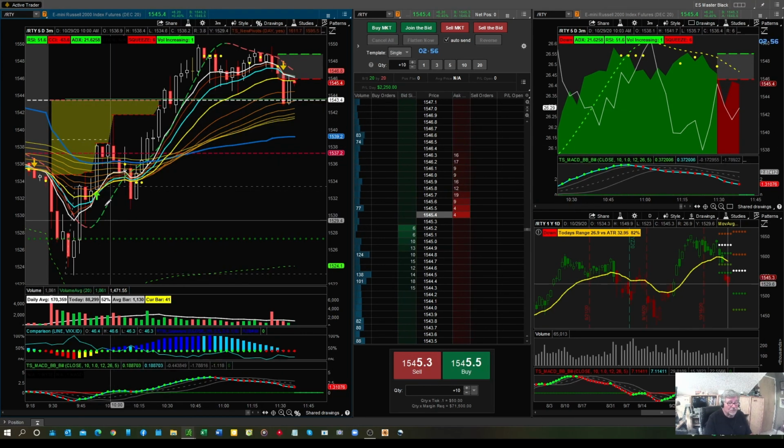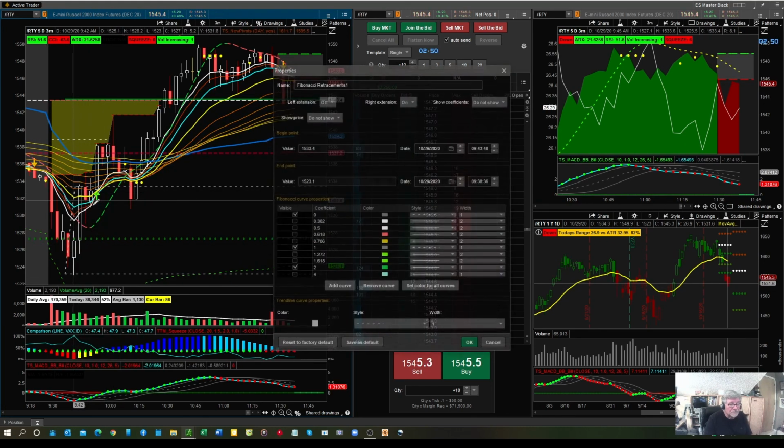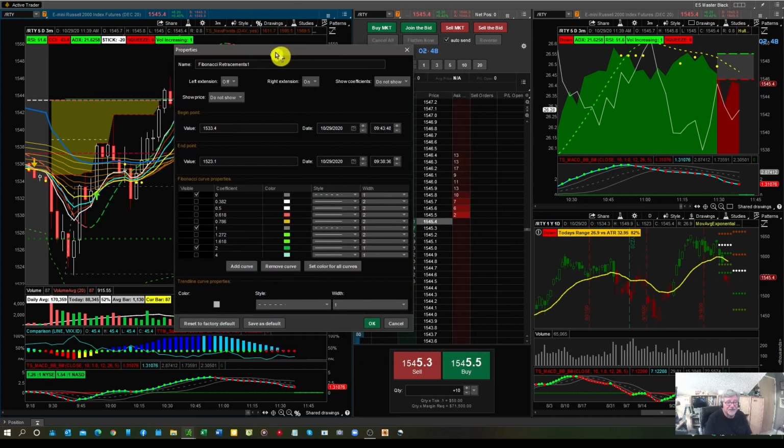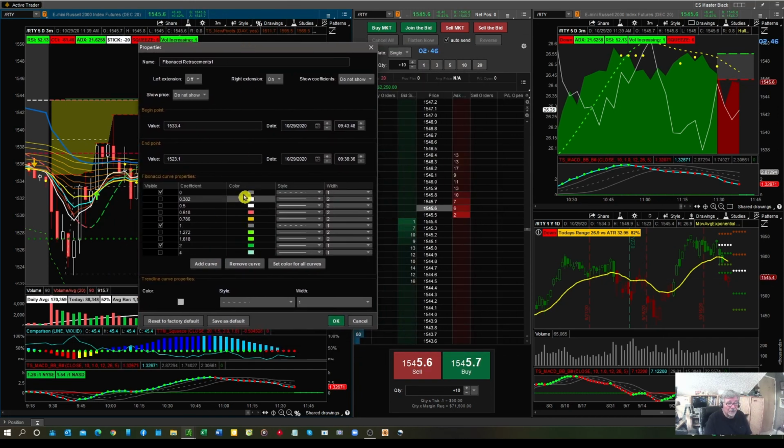Just to show you what this tool looks like, this is it here. You may want to take a snapshot of this and set up your Fibonacci tool as it looks right here. You'll find that I use this quite often in my trading, and it's another tool that I use to fine-tune my trades.